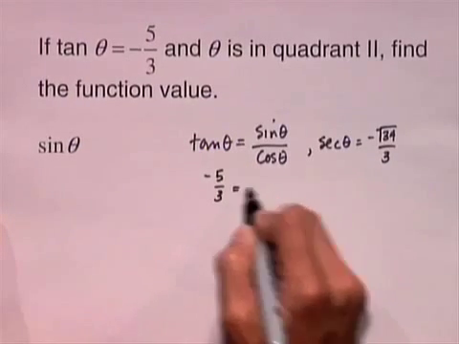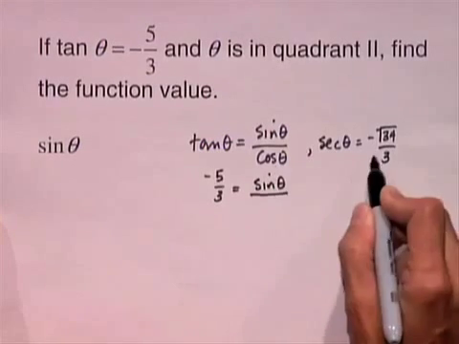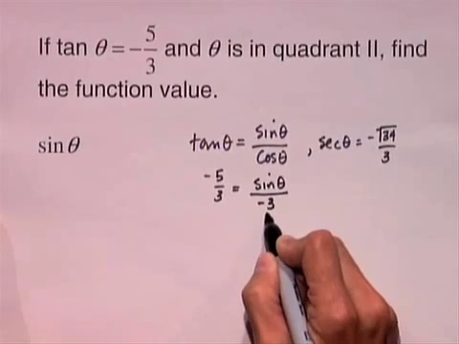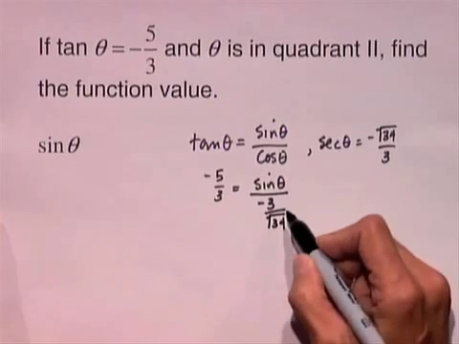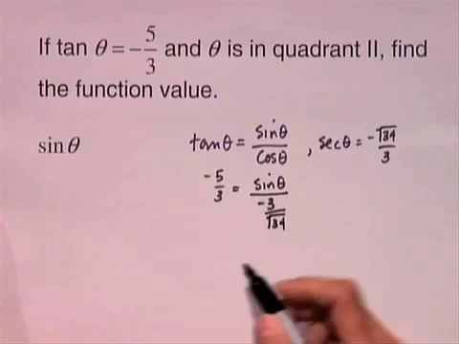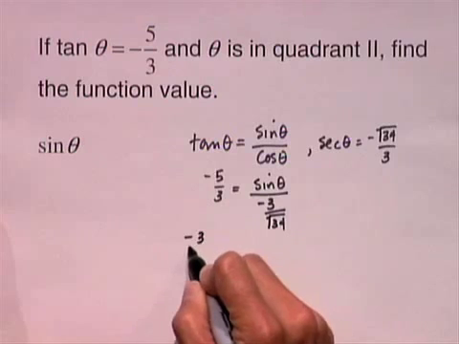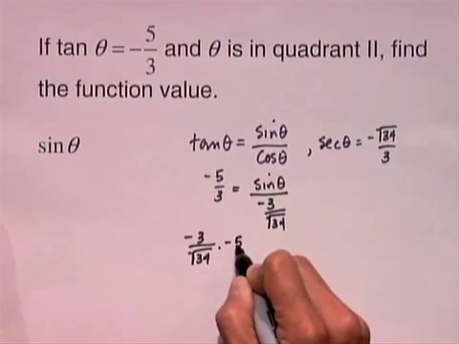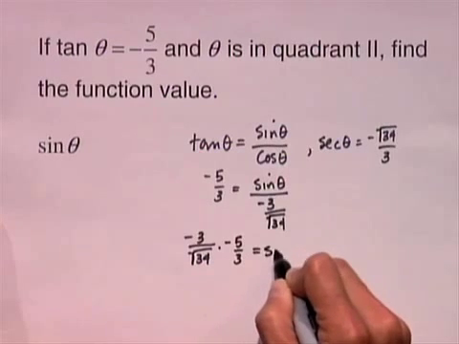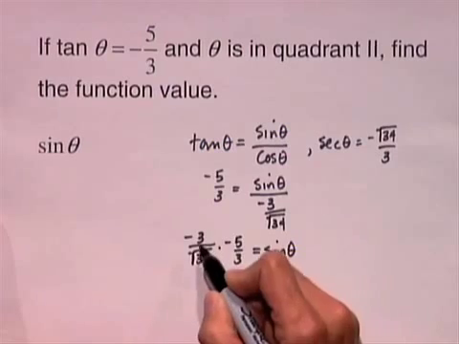So negative 5/3 is sine theta over cosine, which is negative 3 divided by the square root of 34. I'm going to solve for sine by multiplying by the fraction negative 3 over square root 34. So I'll have negative 3 over square root 34 times negative 5 over 3 is sine theta. The negatives will multiply to give me positive.